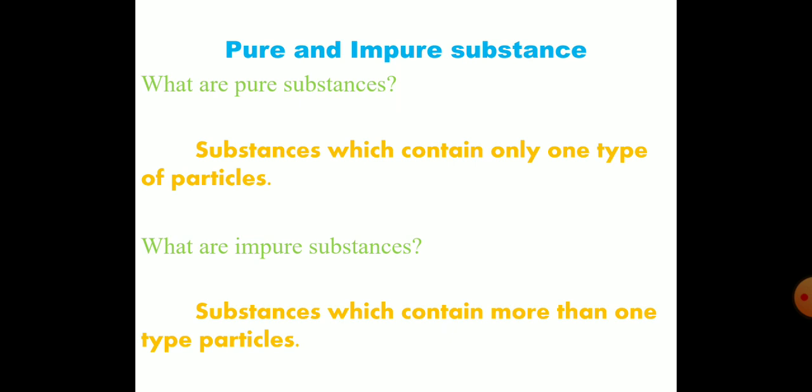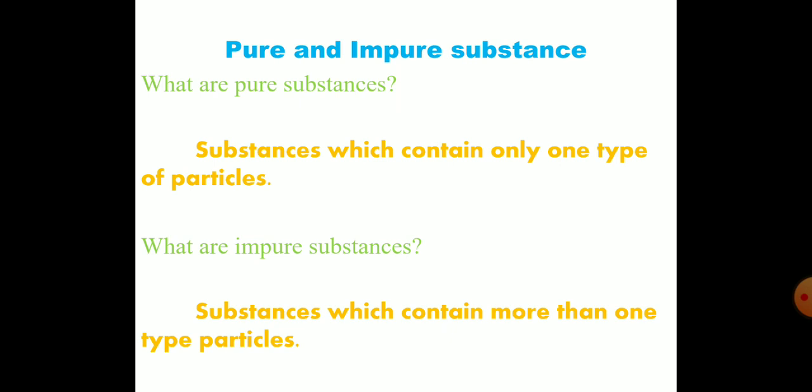Substances which contain only one type of particles, which means they possess only the same type of particles, are called pure substances. Then what are impure substances? If the substance contains more than one type of particle, then that will be considered an impure substance. So what is the definition given for impure substance?